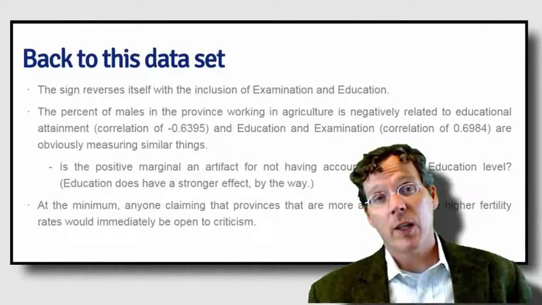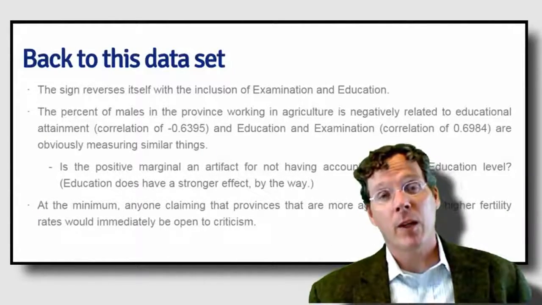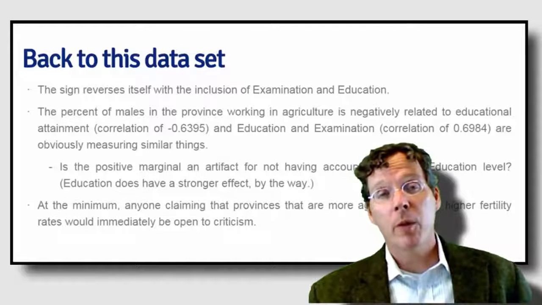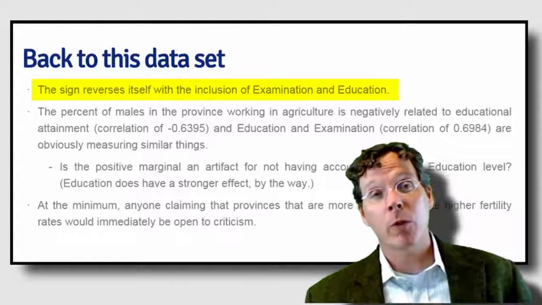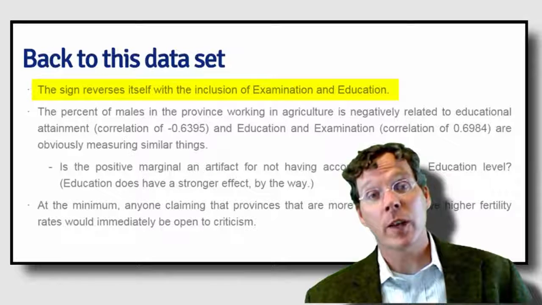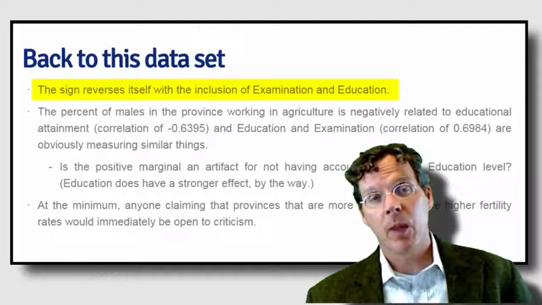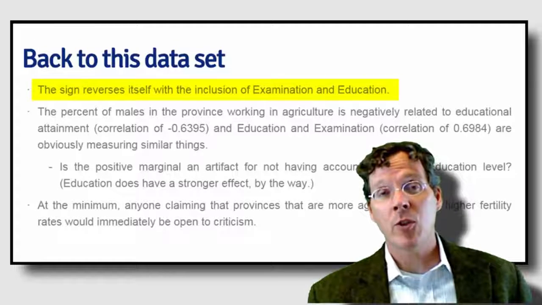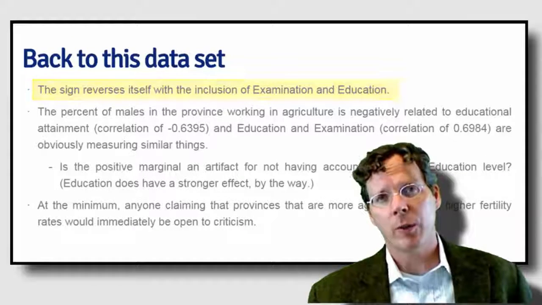Let's go back to our data set now that we've thought about the idea of multivariable regression a little bit more. Remember, our agriculture effect reversed itself after we included the other variables in the model. Particularly you'll find that this happens quite a bit when education and examination are included.